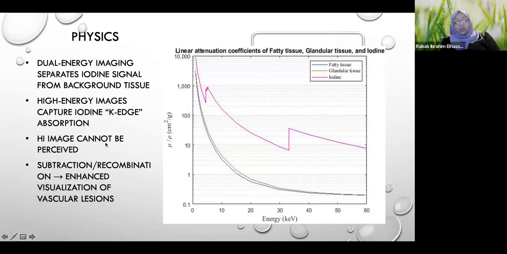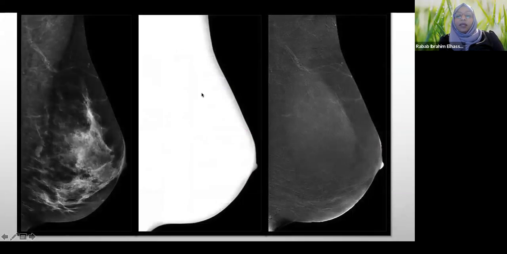Then comes the image processing, which will do a process of recombination and subtraction at the same time. That's why we don't call them subtracted images. We call them recombined images, and they will show us the enhancing lesions. So this is the process basically.